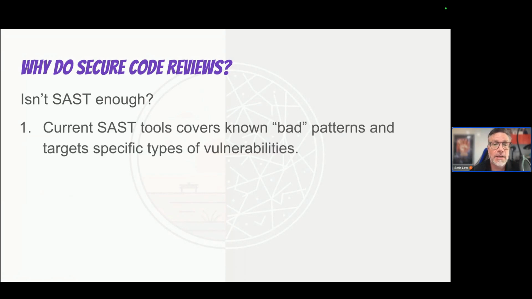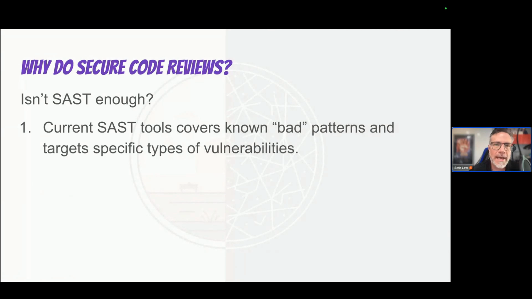But what we found is that those static analysis tools were weak in very critical portions of identifying vulnerabilities and identifying security controls. The current set of SAST tools cover known bad patterns very well. I deal with them constantly, and they are good at identifying certain sets of specific vulnerabilities in code, things that use a source to sink trace, that we have known bad patterns for.